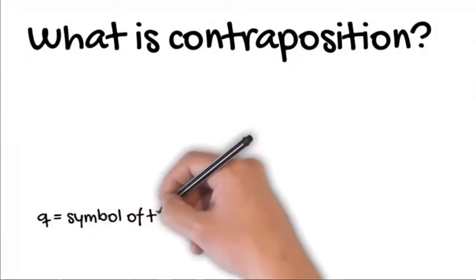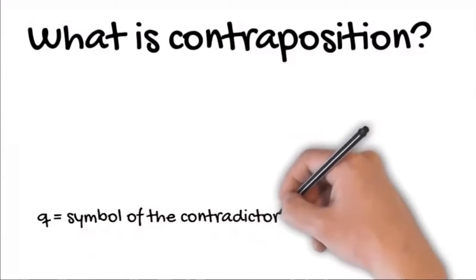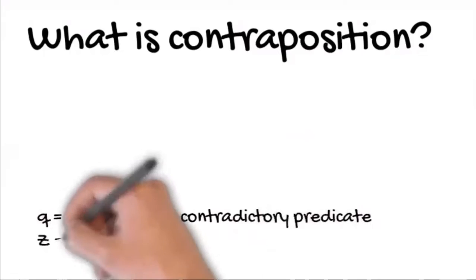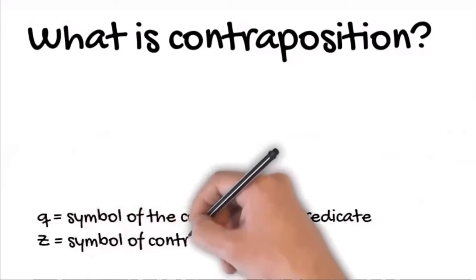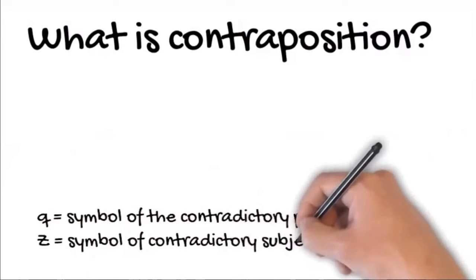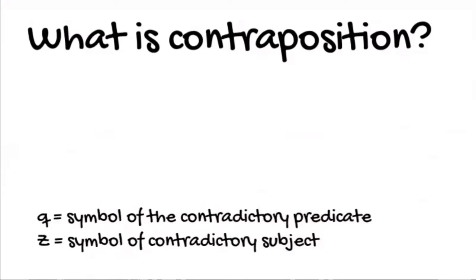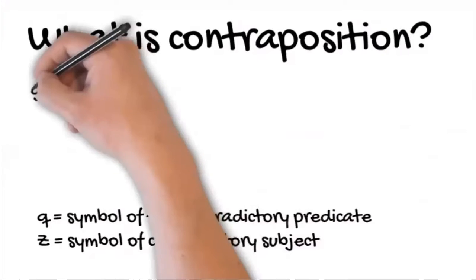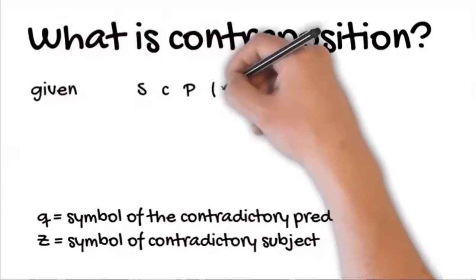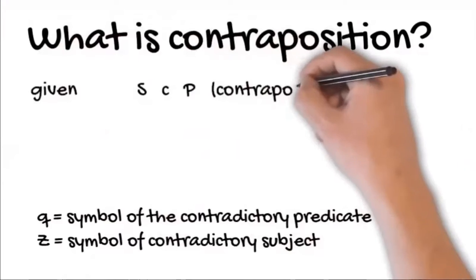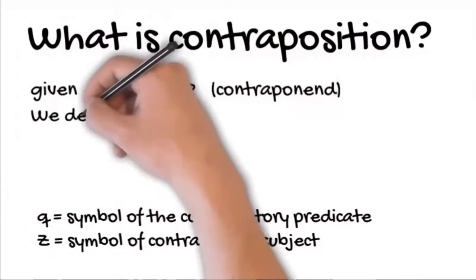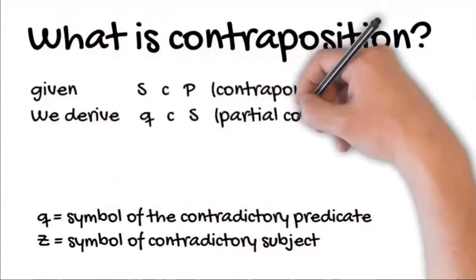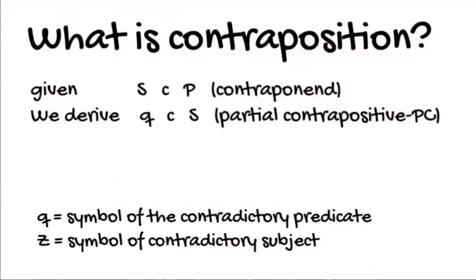And for this discussion, we will use letter Q as the symbol of the contradictory predicate and letter Z to represent the contradictory subject. So our given is S C P, and that's the contraponent. And you have the partial contrapositive.